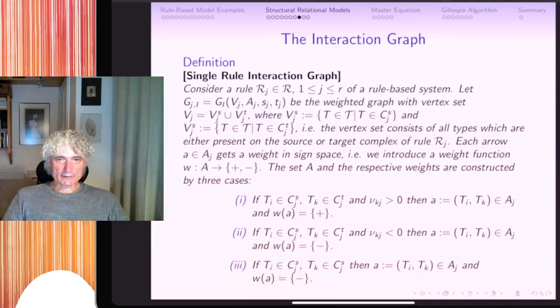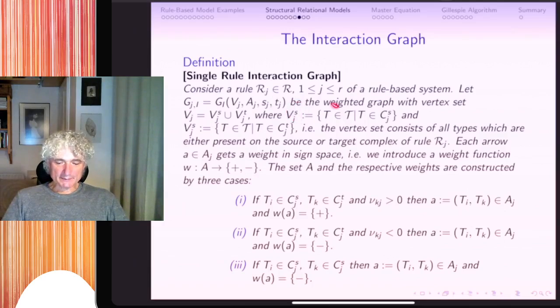Okay, so let's first pick out a certain rule, Rj. Then we have a weighted graph where the vertex sets are the types in this way. So the types, the vertices of the source side. Remember, this superscript is for source.